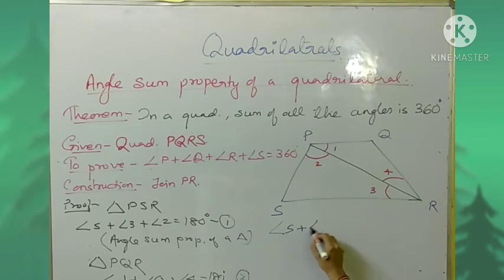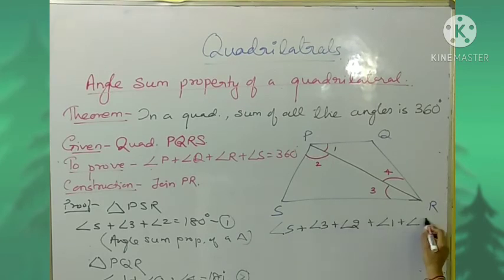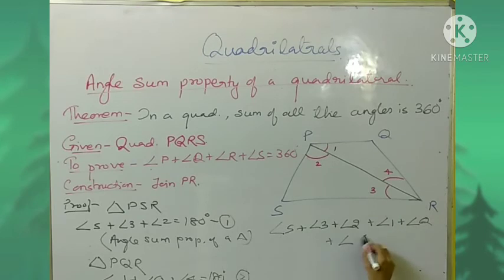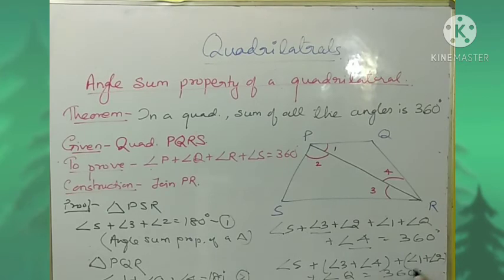Angle S plus angle 3 plus angle 2 plus angle 1 plus angle Q plus angle 4 is equal to 360 degree. Now this is angle S, then this 3 and 4. So angle 3 plus angle 4 plus angle 1 plus angle 2 plus angle Q is equal to 360 degree.